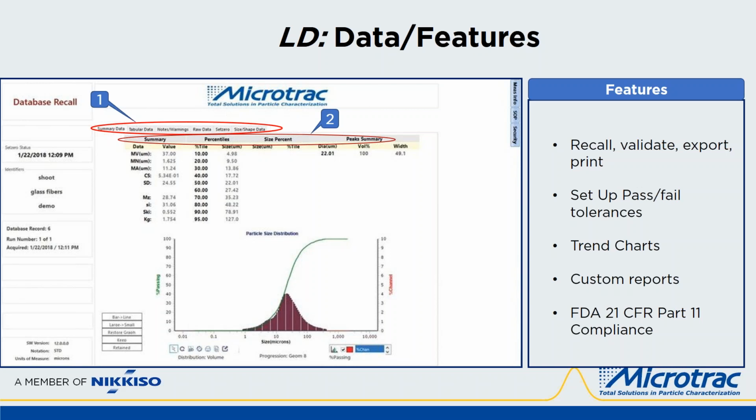Below that row, callout 2, is the laser diffraction data in this display view. The list of summary data, percentiles, size percent, and peak summary, and below that, the distribution graph.